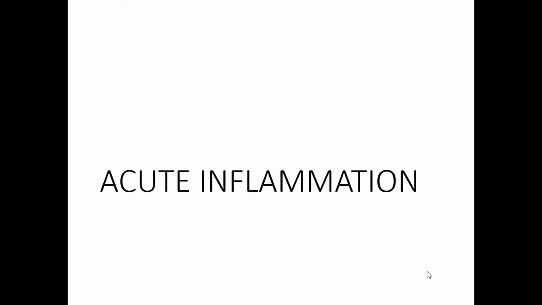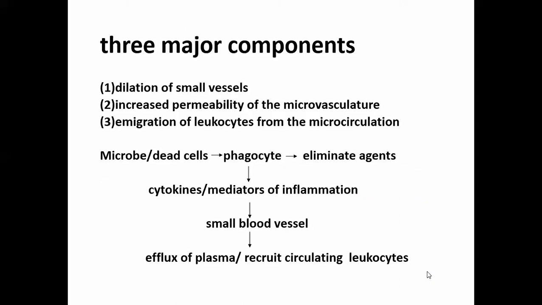For acute inflammation, there are three major components. One is the dilatation of the small vessels. Second is increased permeability of the microvasculature, enabling the plasma proteins and the leukocytes to leave the circulation. And third is the emigration of the leukocytes from the microcirculation.